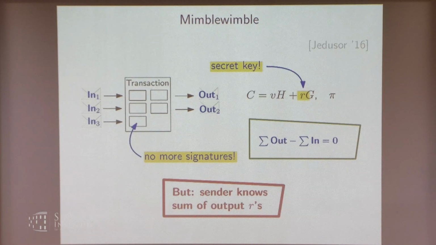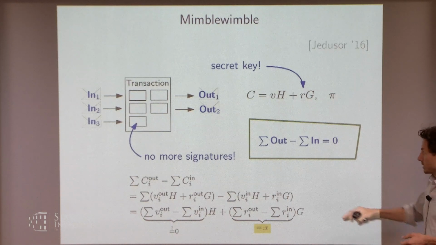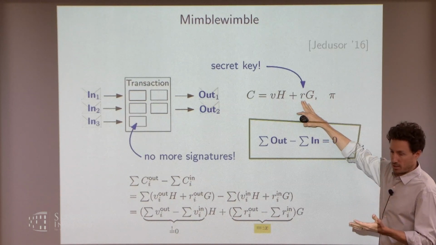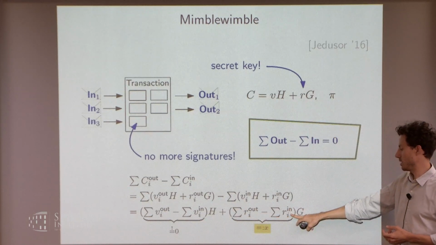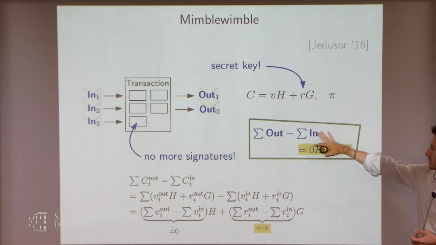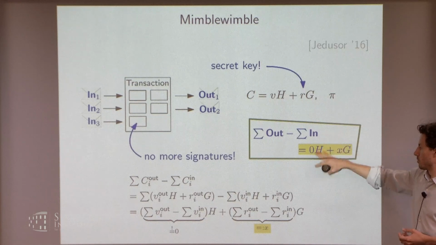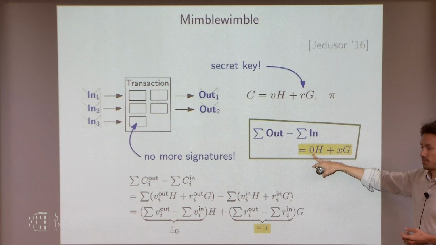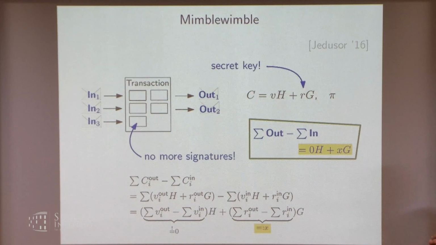So this is solved in a slightly different way, which lets every coin have its independent randomness, which means that this sum here will not cancel out typically. So instead of getting the 0 element of the group, we get 0 times h if the transaction is balanced, plus some x times g.